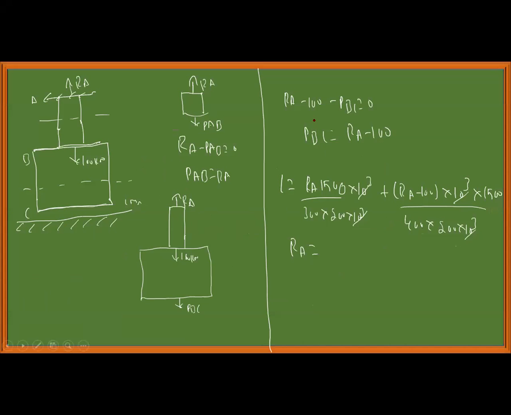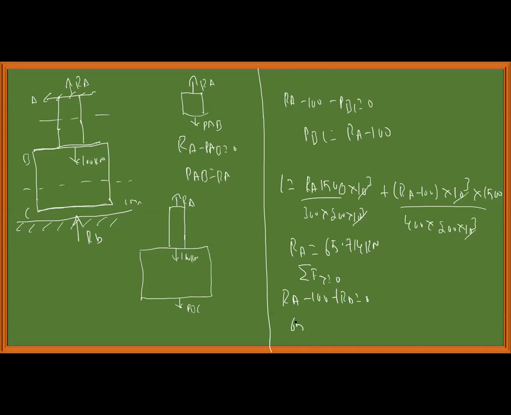RA is equal to 65.714 kilonewton. Now, if I write what we got, PBC is equal to RA minus 100. Let us assume RB in this direction. However you want, you can assume RB in this direction. RA minus 100 plus RB is equal to 0. Summation of forces in y direction is equal to 0.